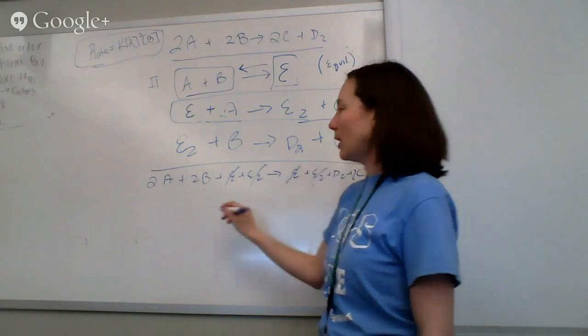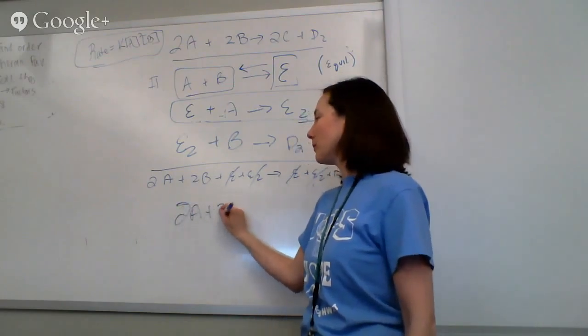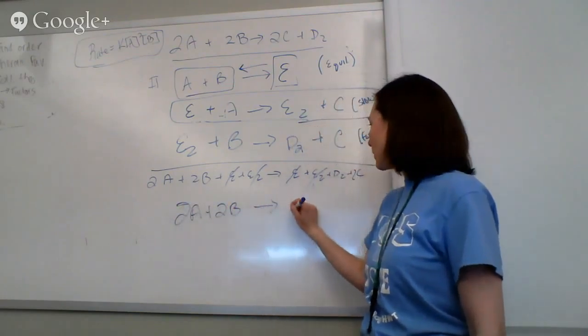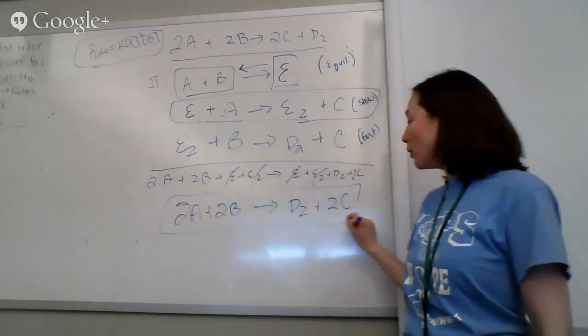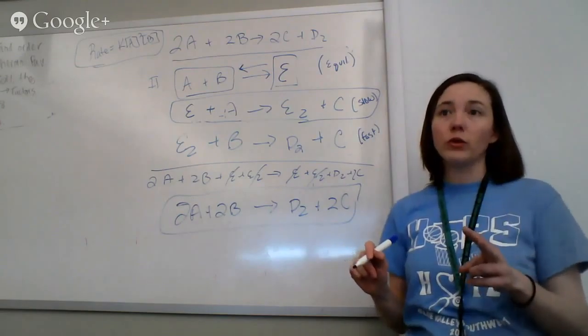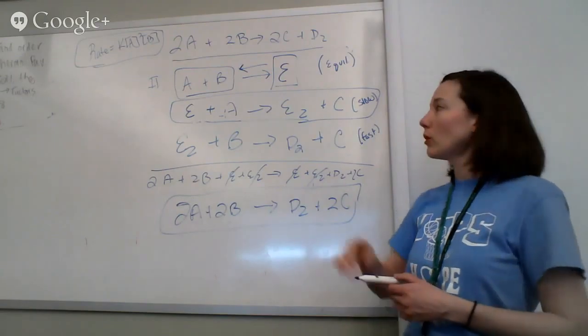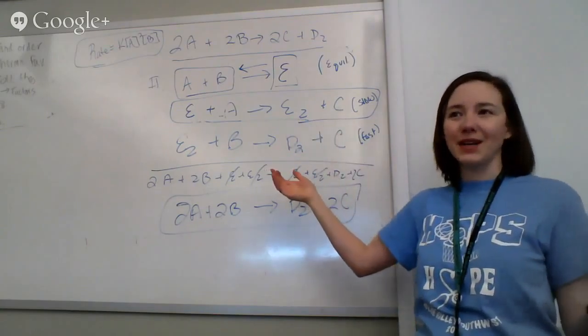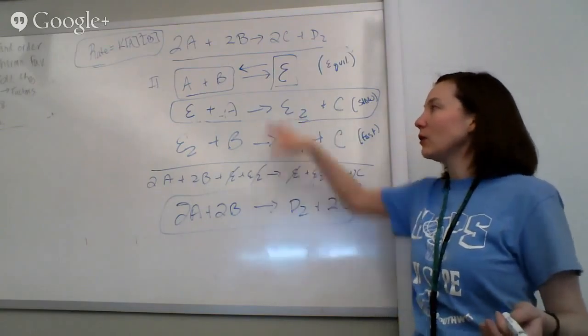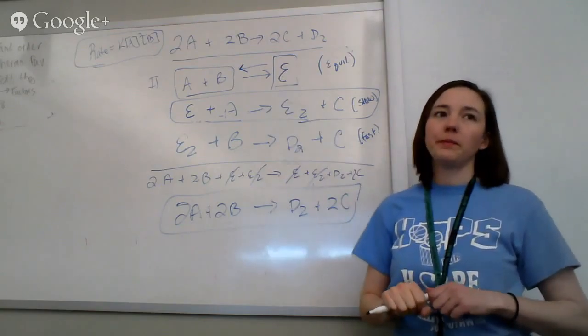And so then what's left is just my overall, which is just so exciting. So both of those things have to be true in order for your mechanism to be true. We tend to get focused just on the slow step because that's one they often ask us about, but don't forget that you do also have to sum it up.